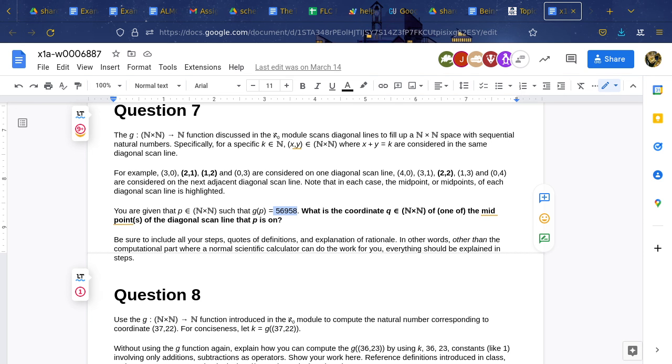So where do you find G inverse? If this was an exam and you brought along everything, all the notes, all the modules and whatnot, how do you find G inverse? Where would you find it? Okay, which module? Does it relate to set notations?